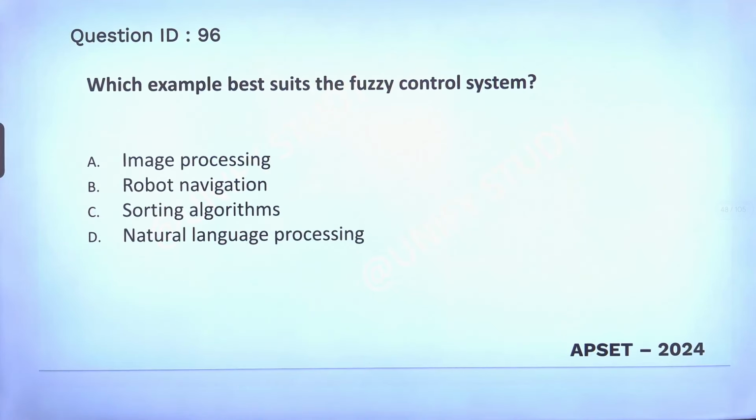Which one is the best example suited for a fuzzy control system?